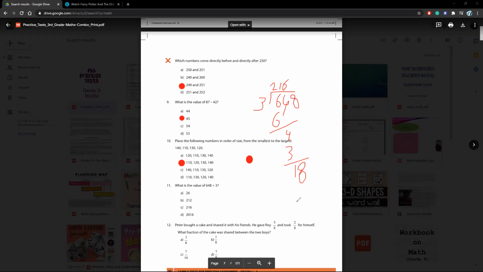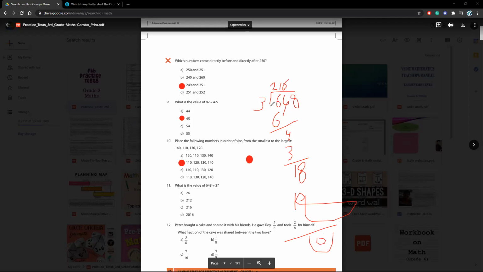I said there is no remainder, actually. So you did a miscalculation. But here is how you do this. If we do long division, 3 into 648, first we can do 3 times 2, which is 6.